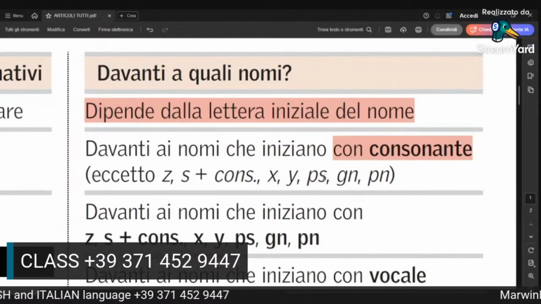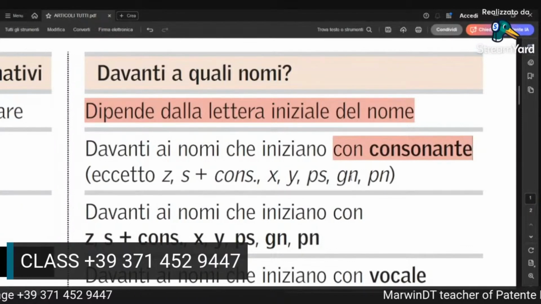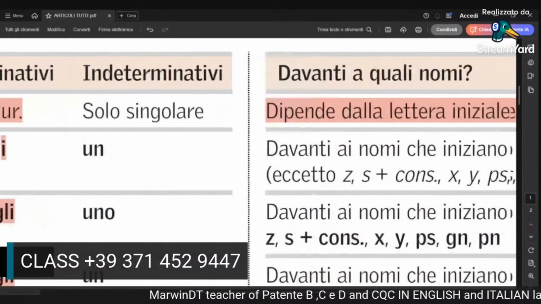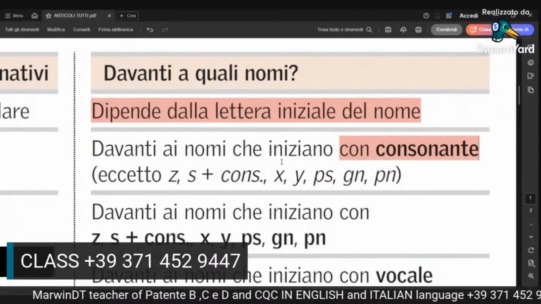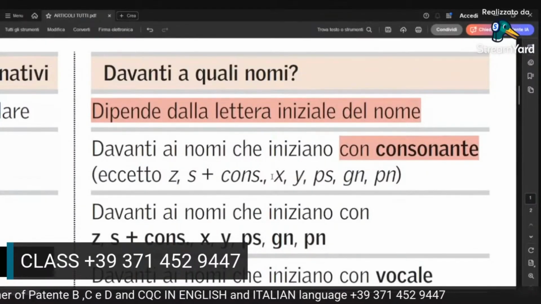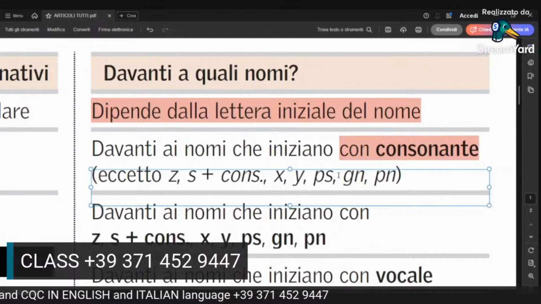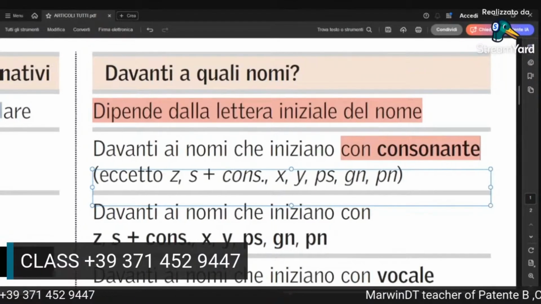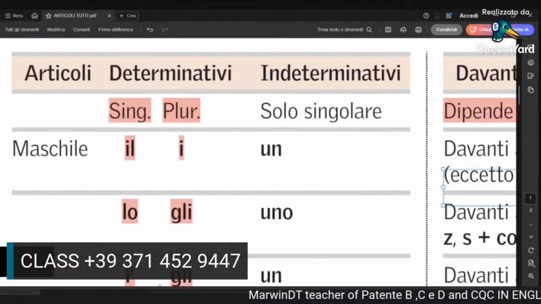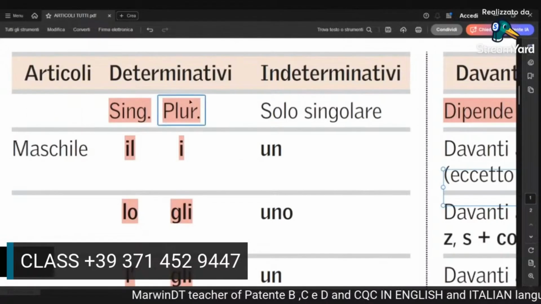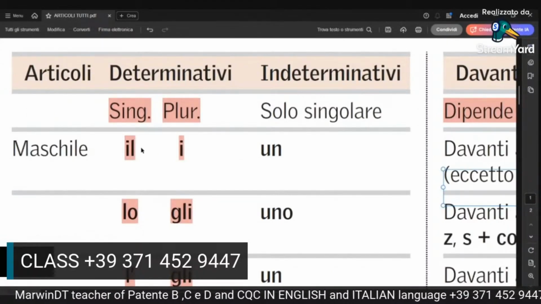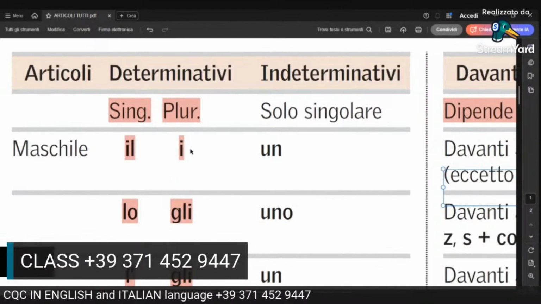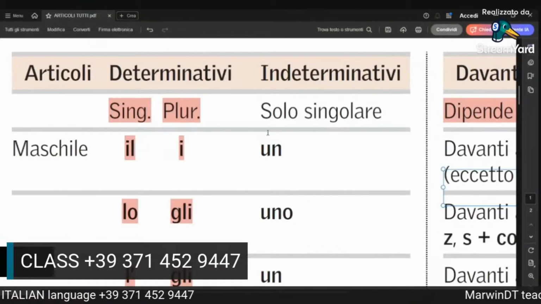So if the word that goes in after these articles starts with X, Y, PS, GN, and PN, what happens is that the singular for determinative will be il, the plural for determinative will be i, and the singular of indeterminative will be un.